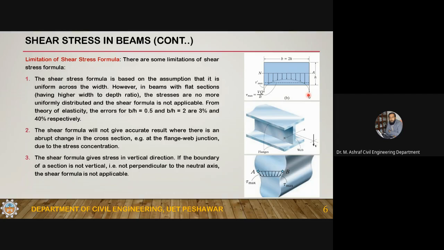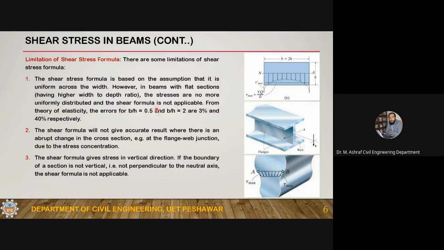This is beyond your scope, but from theory of elasticity, I've reproduced some of the errors: if you have B over H equal to 0.5 and B over H equal to 2, the errors are 3% and 40%.